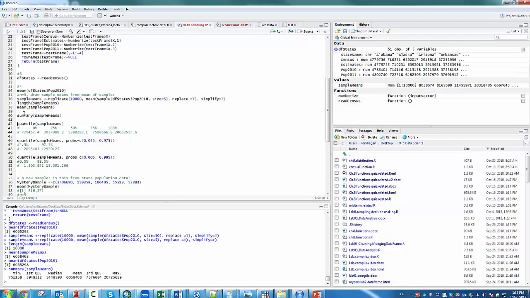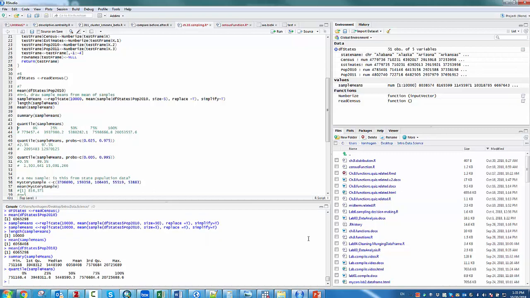You can create descriptive statistics of these new sample means by using the summary function: minimum, maximum, median and mean, and first quartile, third quartile. You can display just this information by using the quantile function.